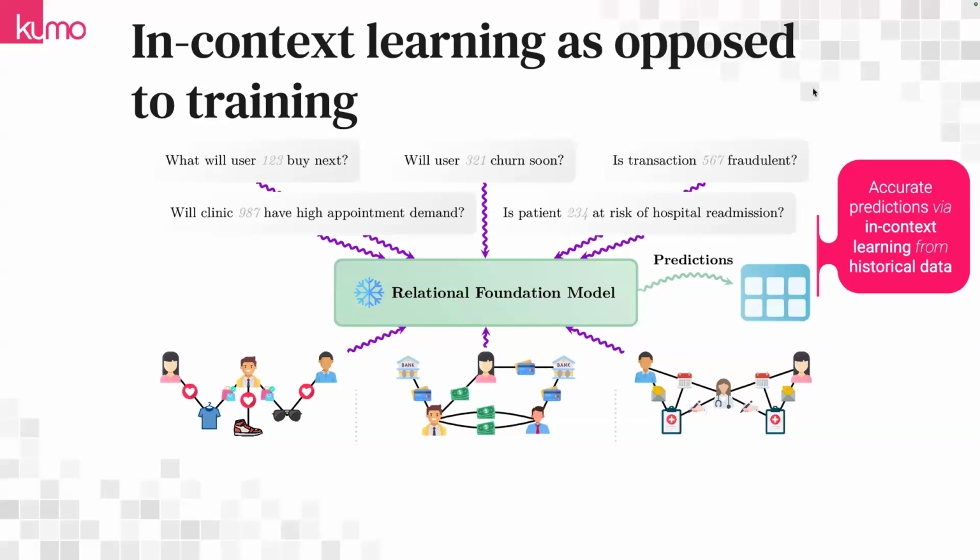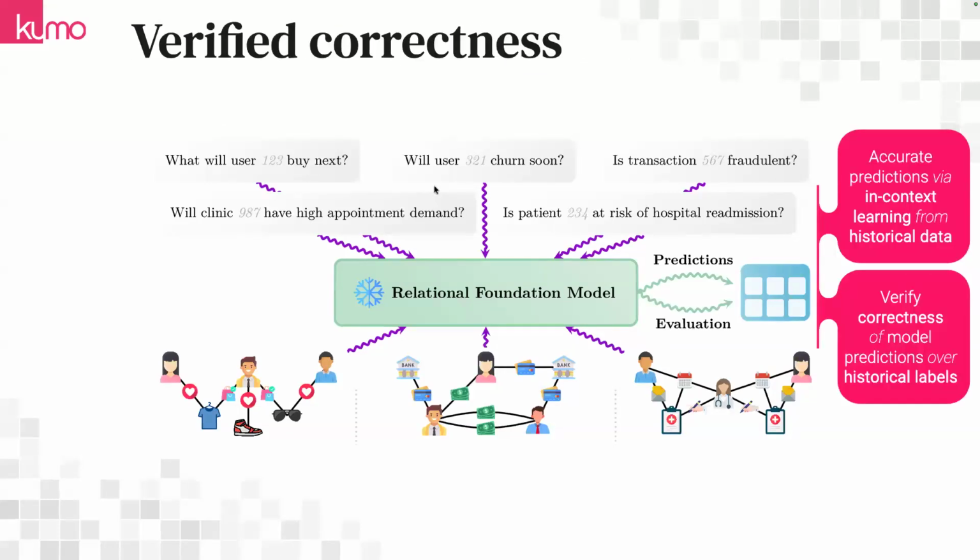Now, of course, the model cannot be trusted without appropriate evaluation, not only on publicly available benchmarks, but also on your own specific task. After all, every task has its own complexities and level of noise, so evaluation on past data is essential to understand which predictions are made with high confidence and which are not.